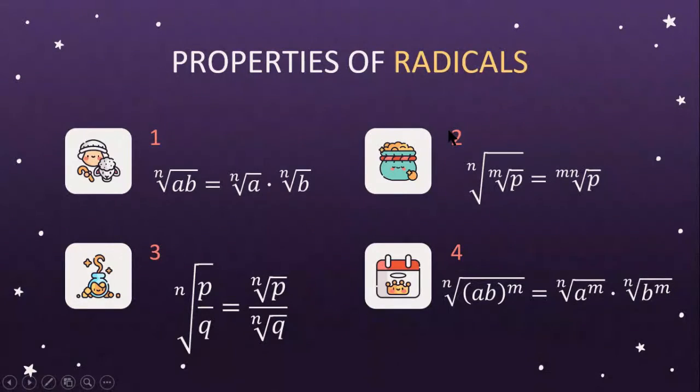And then the third property, nth root of p over q is equal to nth root of p over nth root of q. And then the fourth property, nth root of the mth root of the product of a and b is equal to the nth root of a raised to m times the nth root of b raised to m.